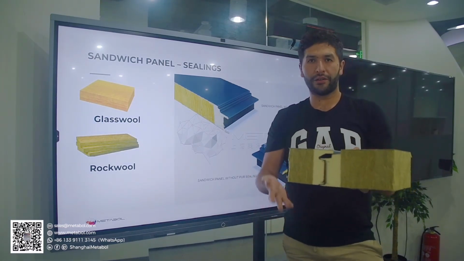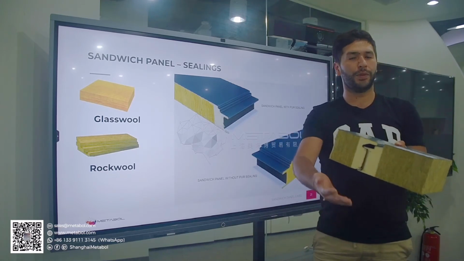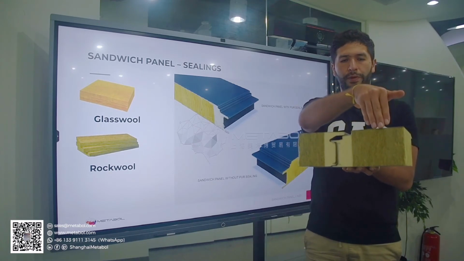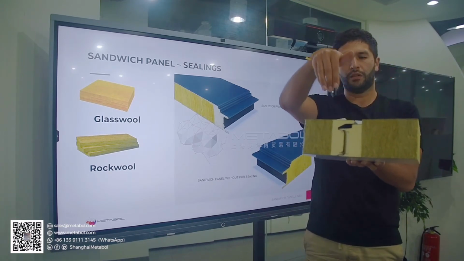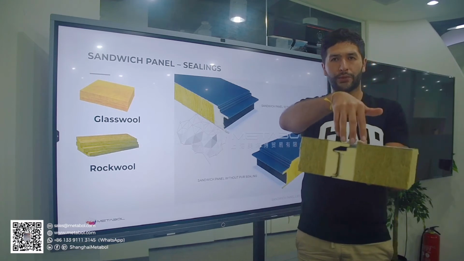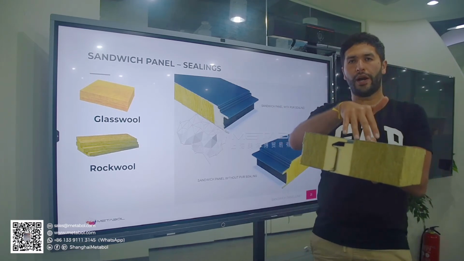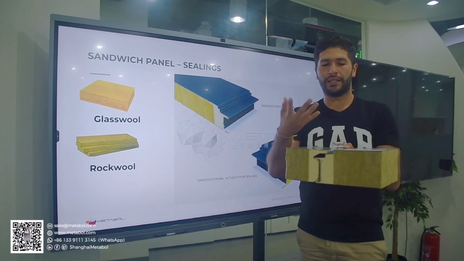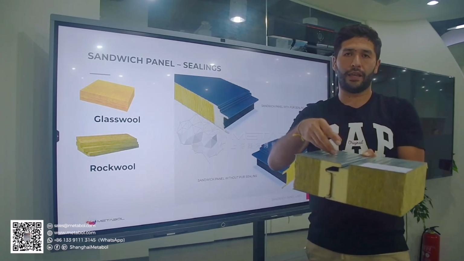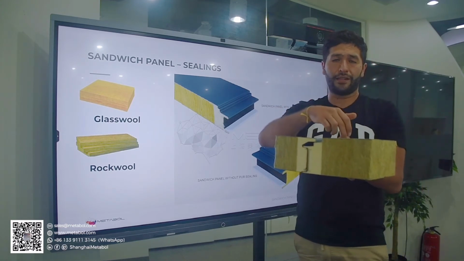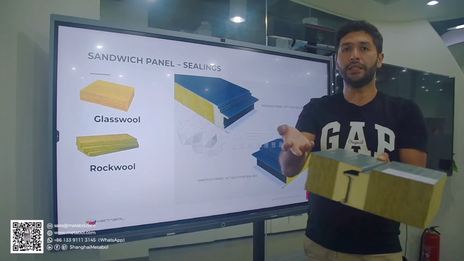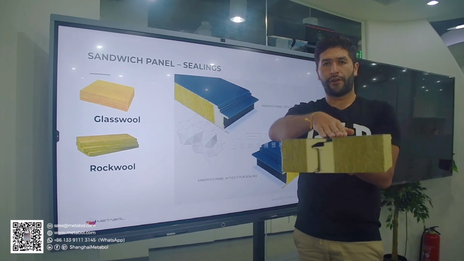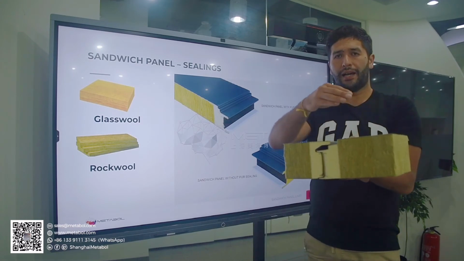Well, the white color, remember, what does it mean? It's PUR, PIR, right? So in between the sandwich panel, which is rock wool, and the other rock wool, there's one space where it's filled with PUR or PIR, which allows to seal the sandwich panel, preventing, in the case if water goes in and there's a hole over here because the screw did it, it prevents that the rock wool, the fiber of rock, can be damaged.